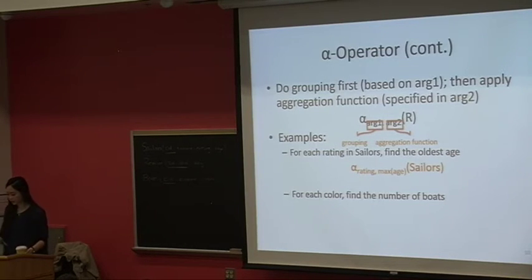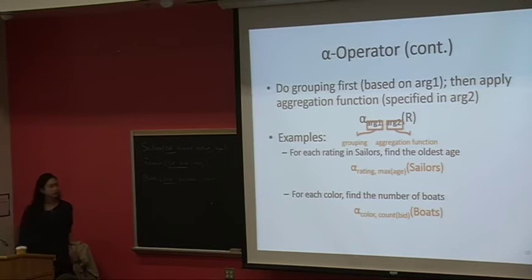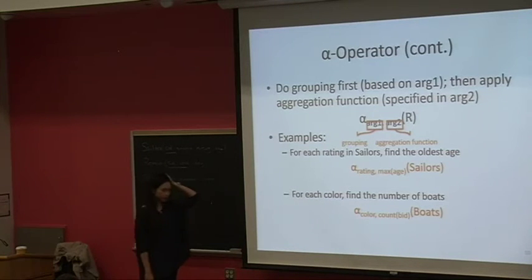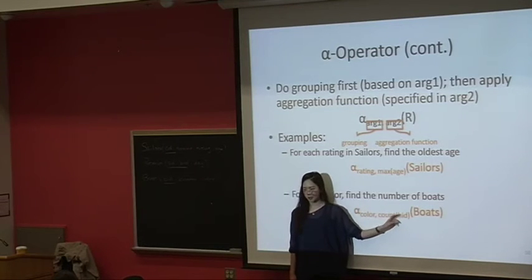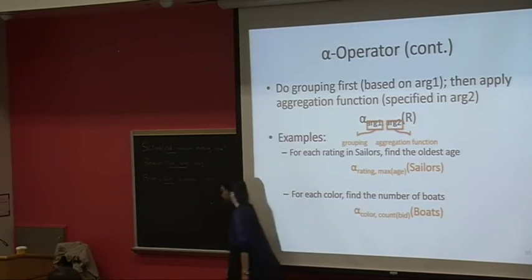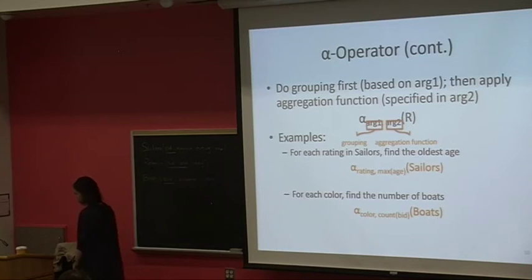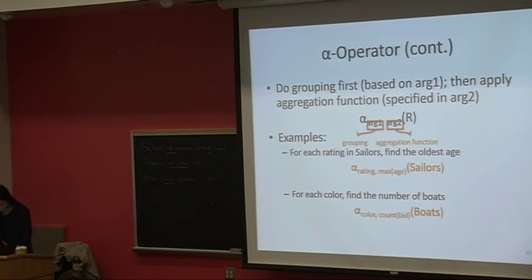What would you do for the first argument? The first argument we put color, group by color, and then just simply count. And also here, always be careful, you want to count the primary key. So that's for the second type of alpha operator.